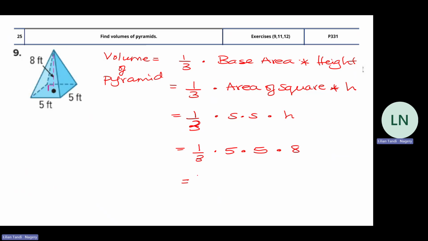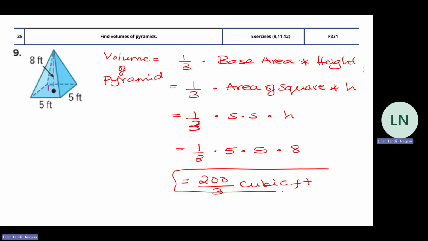This should give you 200/3 cubic feet. I will stop here, but if it asks you to round, you need to change your answer to a decimal. That should give you 66.6, a repeating decimal. Cubic feet. And then you round it according to what the question wants you to do. Okay?